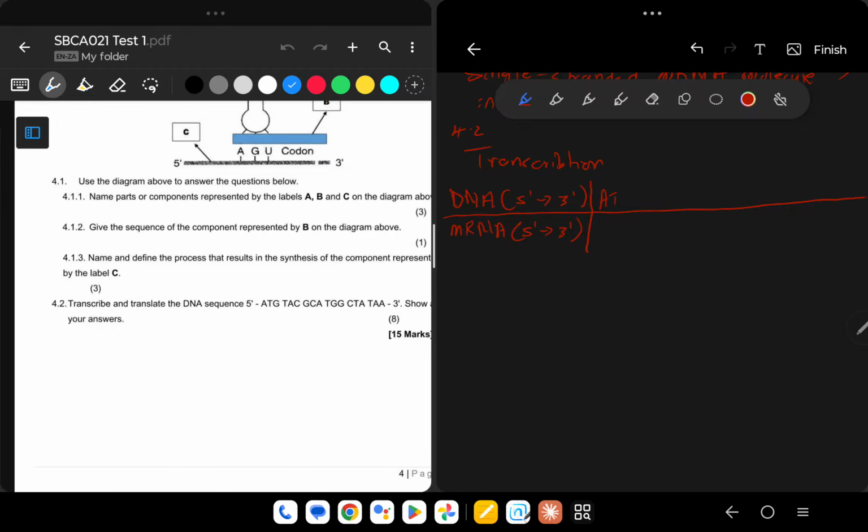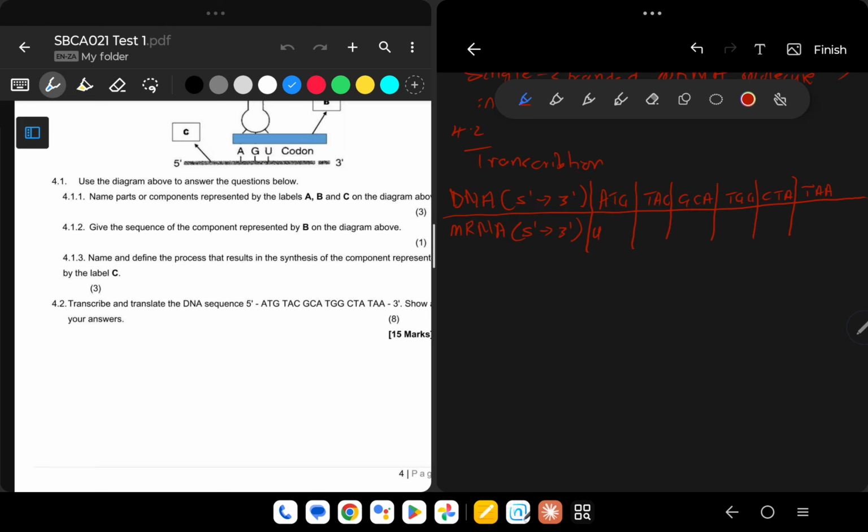So you have ATG, you have TAC, which is coming from the same strand that you are given. You have GCA, you have TGG, you have CTA, you have TAA. So what's going to match what is above in an mRNA? A will bind with what?